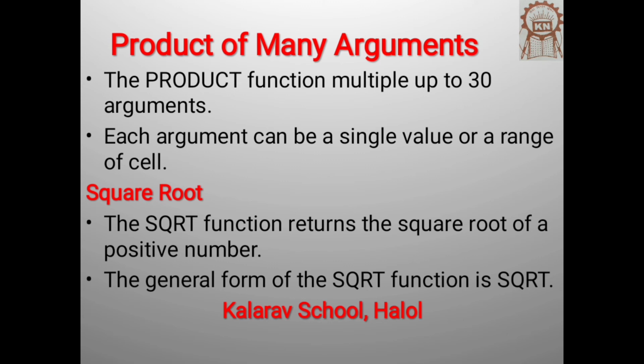Consider that we have entered some data in a worksheet as displayed in figure 7.12 in your textbook. Suppose we write =PRODUCT(A1, A2, B1, B2, D1, D2) in a cell, it will return 1200.